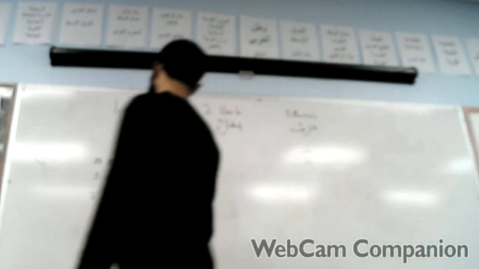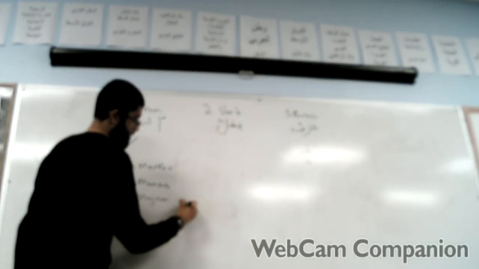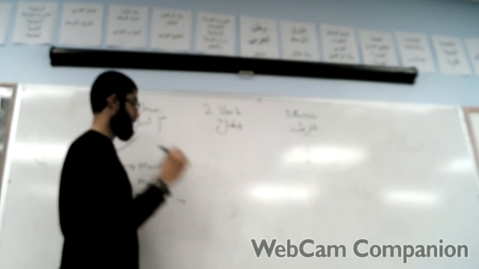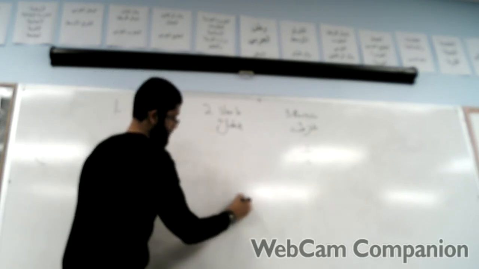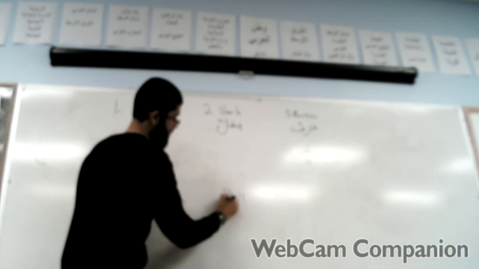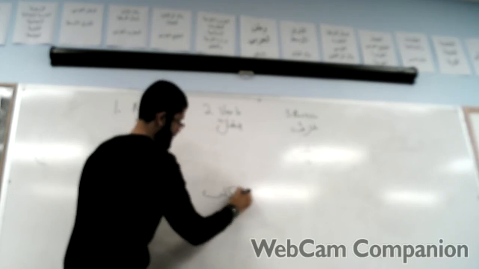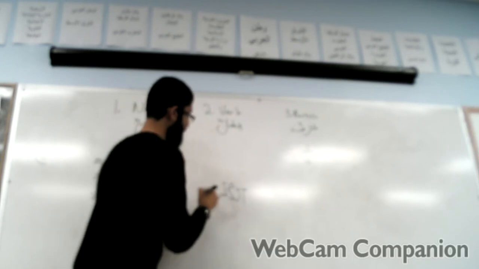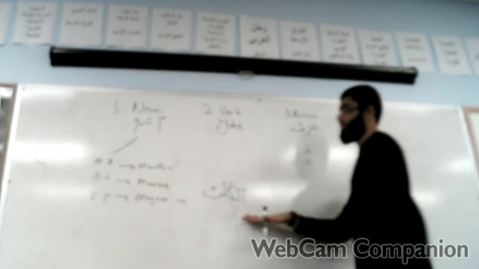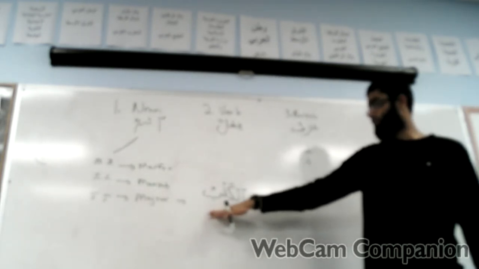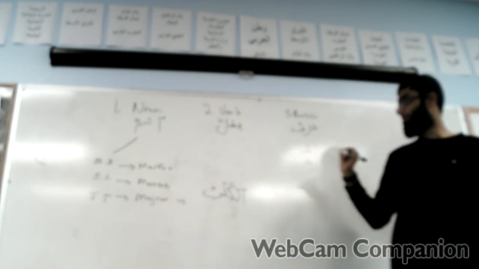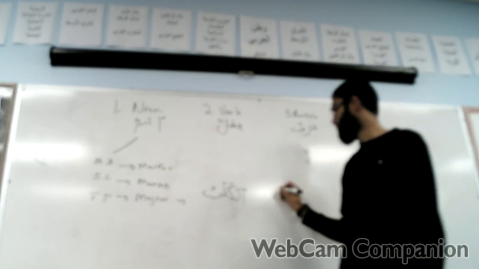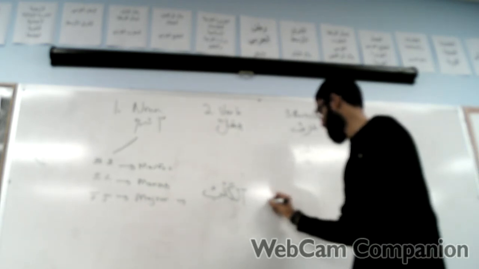So if you have something like, let's say a dog, if I wrote al-kalbu, this is the dog, and I'm going to say ila, to the dog. It doesn't really make sense, but you did something to the dog.